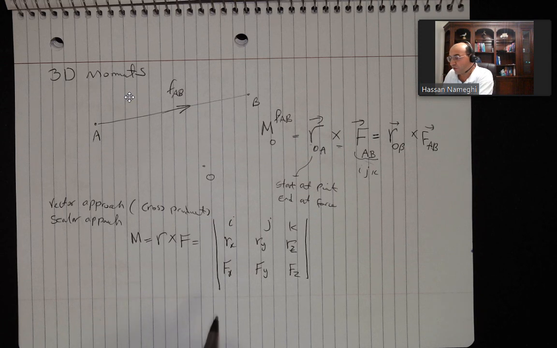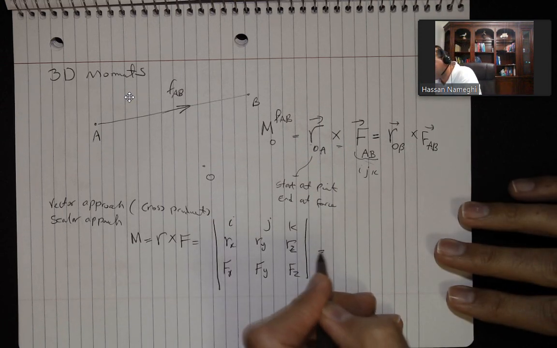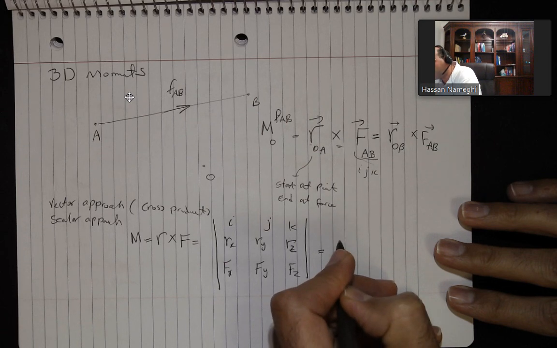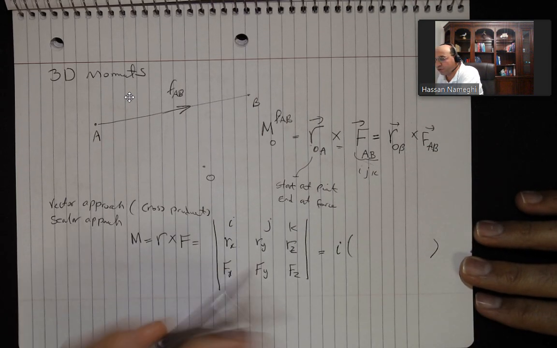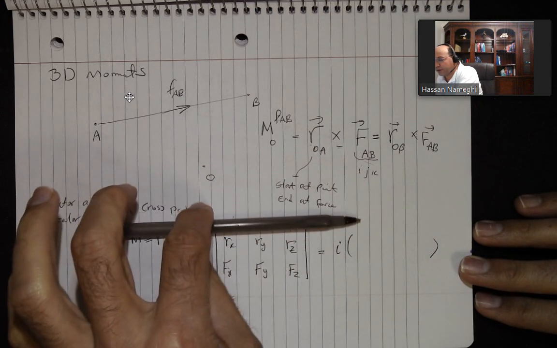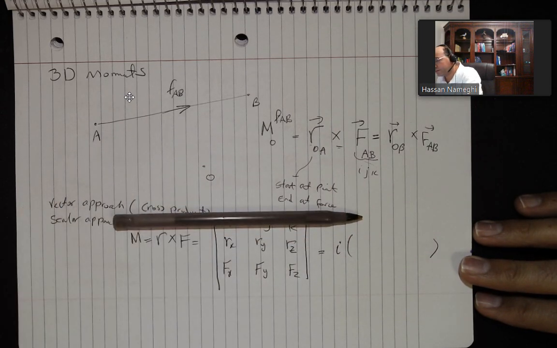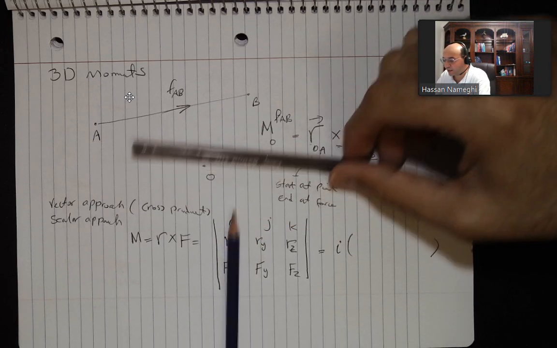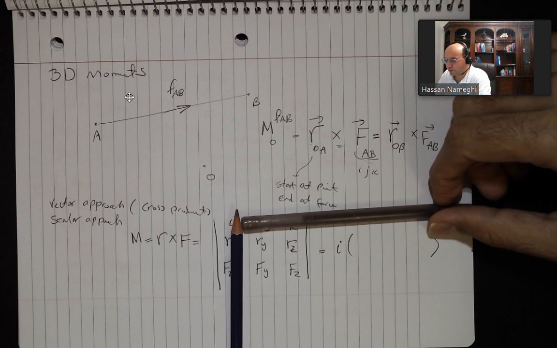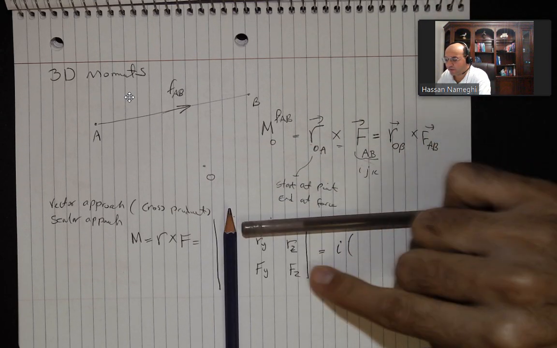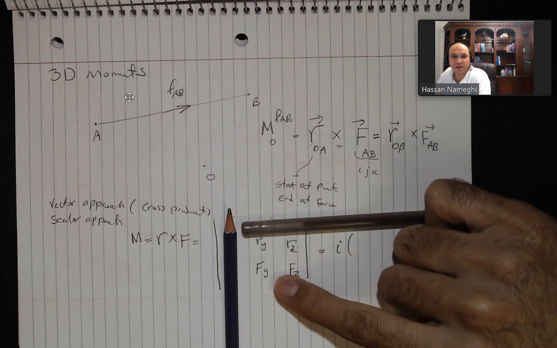So when we do the calculation for I, we consider everything except the I. What does that mean? If I put my pencil here and here, because I'm talking about I, I neglect the column for I, and then we neglect the top row. So I get Ry, Rz, Fy, Fz.